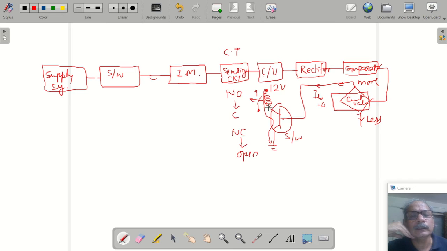So this will operate, and here it is a switching circuit. For this switching circuit we have given the supply voltage. This is connected with the switch, like this switch is connected here. This is the phase, this is the neutral, this is the contactor.